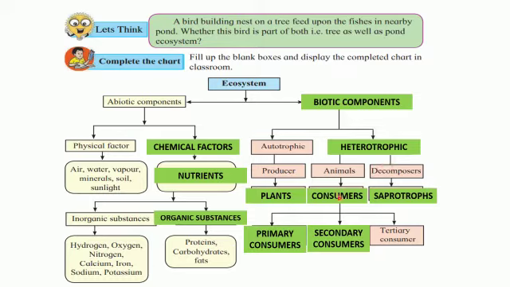Under animals we have consumers, which we have classified into three categories: primary consumers, secondary consumers and tertiary consumers. And decomposers are saprotrophs, which include insects, termites, bacteria, fungi, which bring about the decomposition of dead and decaying organic matter and return the nutrients back to the environment. So this is one flow chart based on the ecosystem.